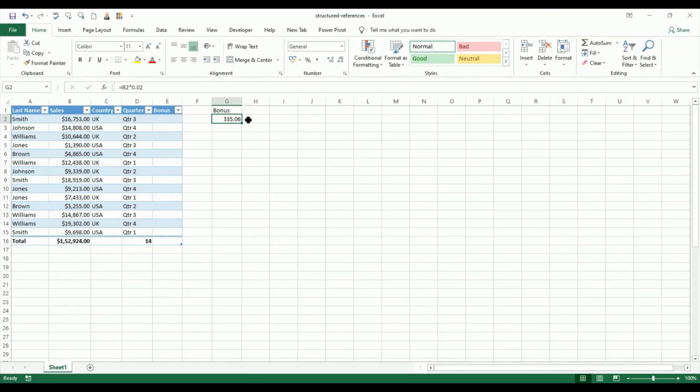तो एक चीज तो श्योर है that when I'm working inside a table, I get my formulas to automatically get applied to all the cells.